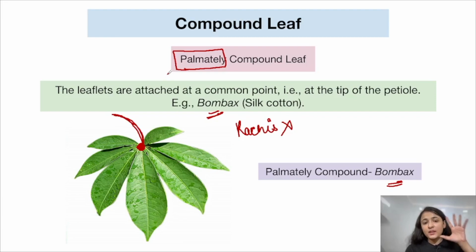So the leaf also has this kind of appearance, as if we have spread the fingers. When we open our palm, our hand forms this appearance, and that is how the leaf looks, like the palm of our hand. So these kinds of leaves are known as palmately compound leaves.